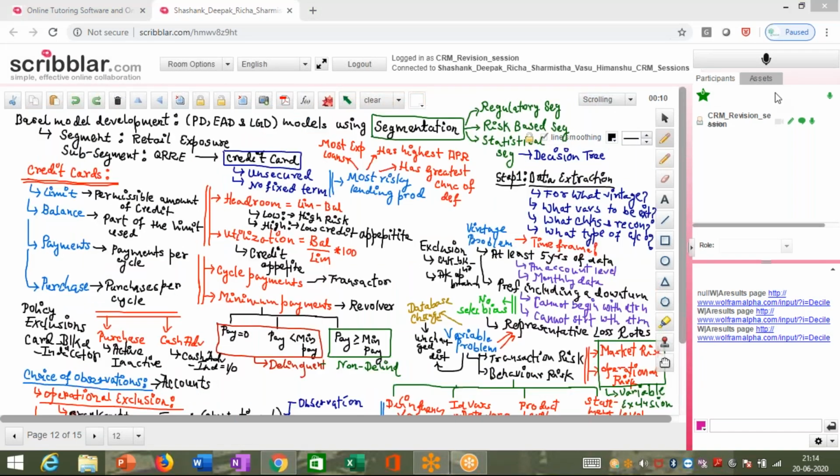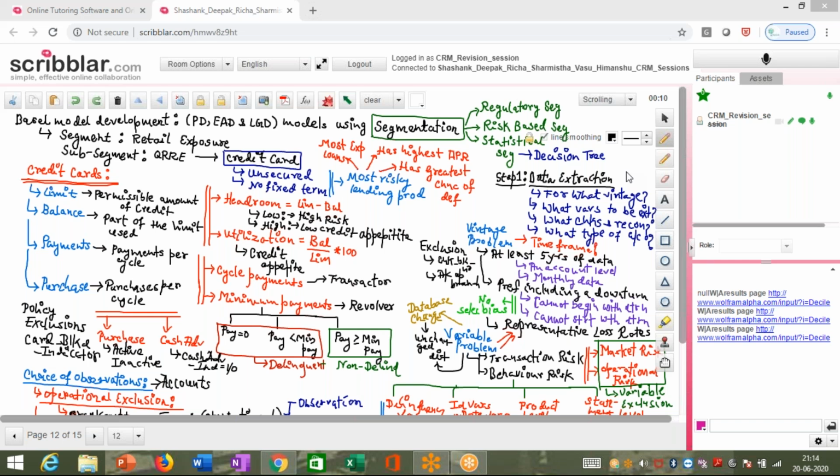So when we started talking about the first step, we started talking about data extraction. We had clearly identified four questions. First of all, what vintage of data should we use?